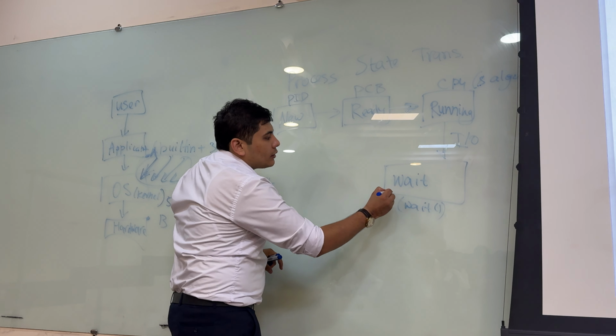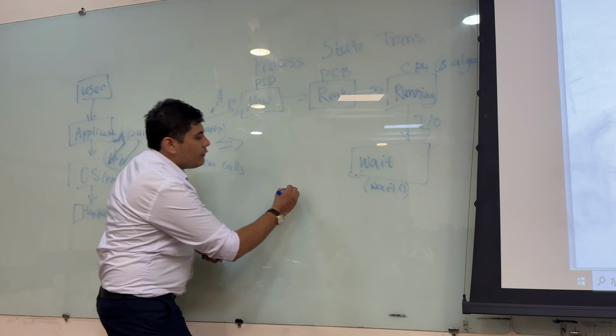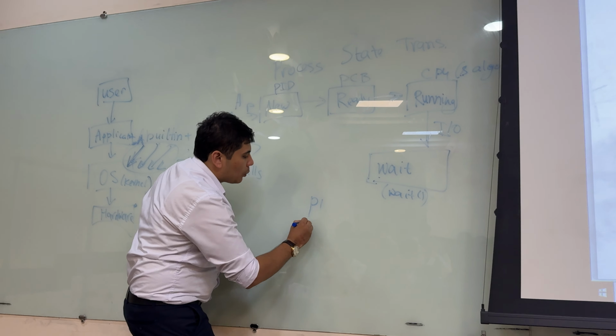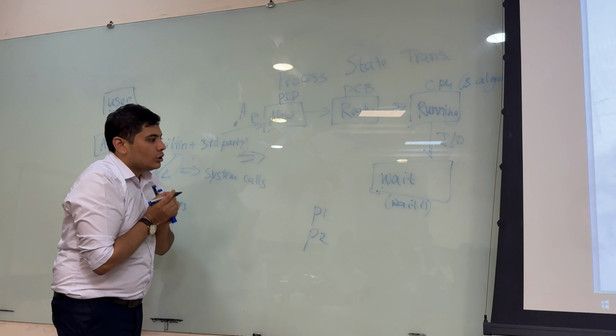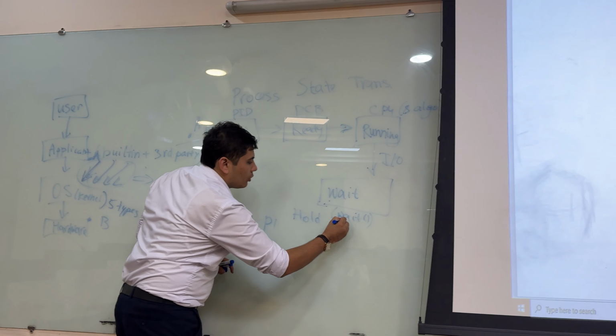Inside the wait, what we learned even yesterday is that if we have 2 processes, let's say process number 1 and process number 2, and this is going to be your wait.